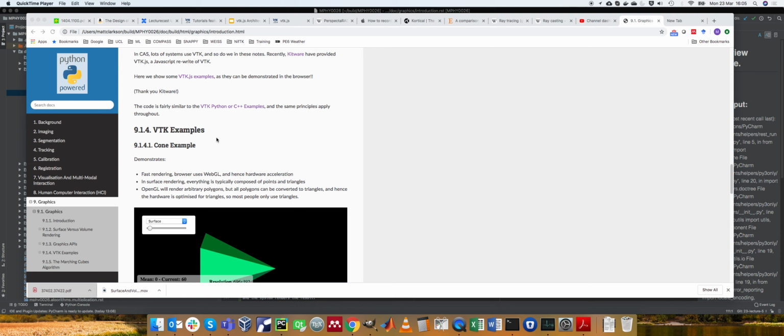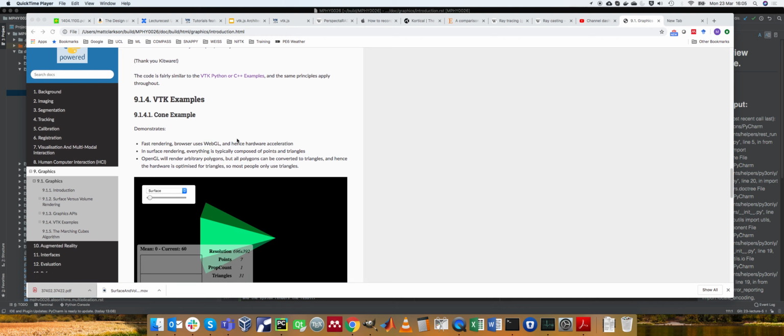I wanted to just highlight some of these graphics concepts using some VTK.js examples. Now, obviously, we can't go into intricate detail on every graphics algorithm. We just can't fit that into a course on computer-aided surgery.